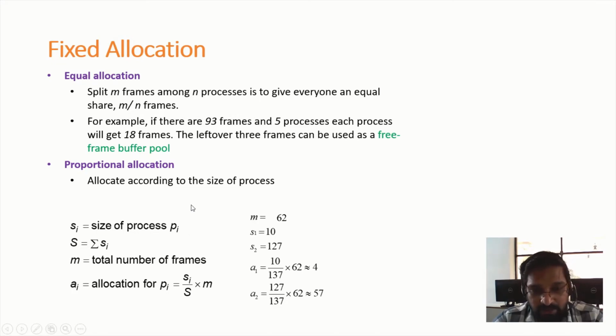For example, let us assume that we have 62 frames inside the RAM, and we have two processes whose sizes are 10 and 127.